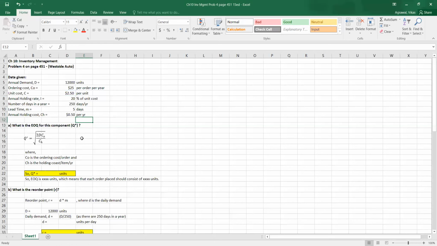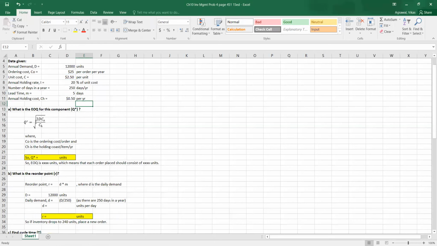So the first thing that we need to calculate here is the economic order quantity. So what is the economic order quantity for this component? That's given by Q asterisk, which equals the square root of 2 times D times ordering cost divided by carrying cost or holding cost. D here means annual demand, which is given as 12,000 units.